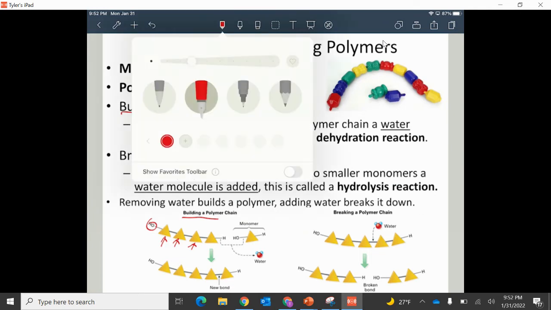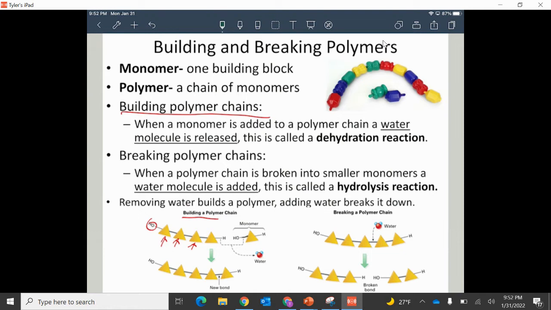And that will allow those two to bond and link together, and you'll form this bond here and make that chain that much bigger. And so that's how you build a polymer. You have to remove water to be able to add to it and free those bonds up, okay?